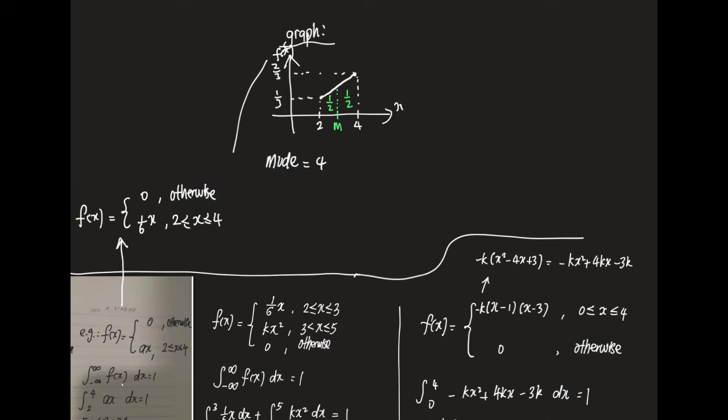Now I want to find the median. Integrate 2 to median, 1/6 x is 1/2. That is how we do it. We want to find the median, so we continue this. 1 over 6 x squared over 2, from 2 to m, equals 1 over 2.